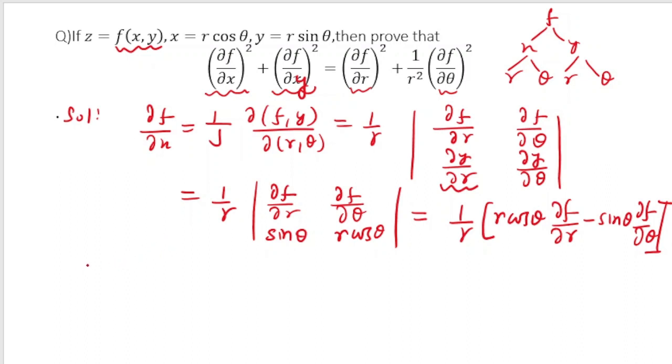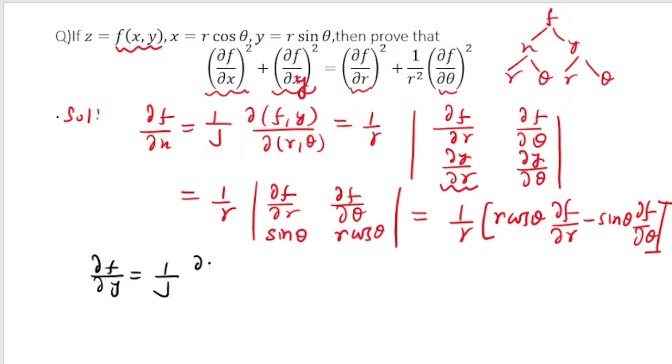Similarly, if I ask you the value of ∂f/∂y, it is 1/J ∂(x,f)/∂(r,θ). I am writing it directly this time, and let me write it out, otherwise some of you may get confused because you are doing the first problem.